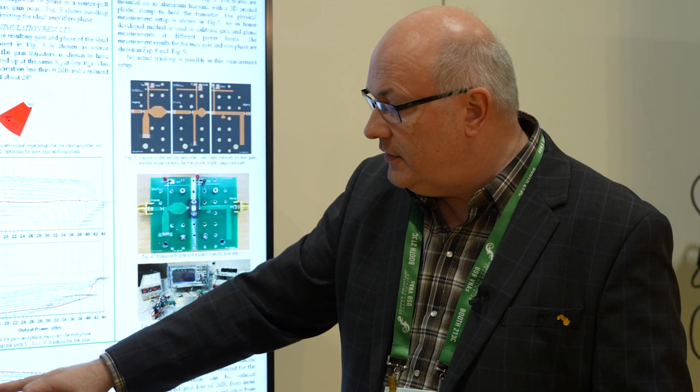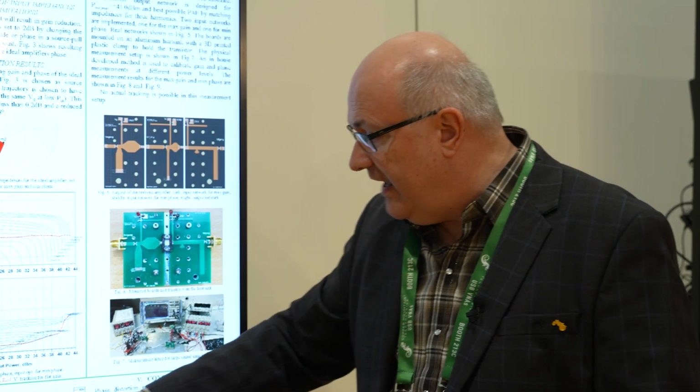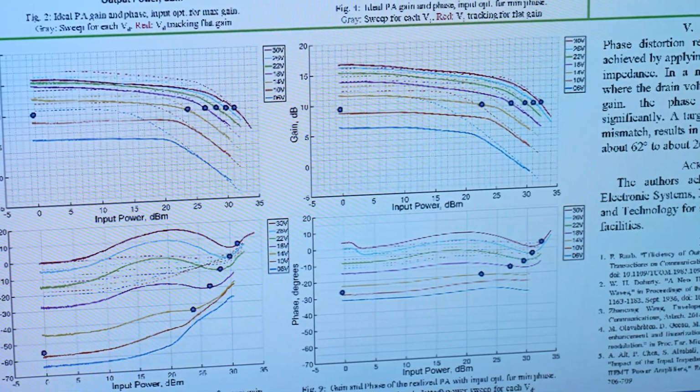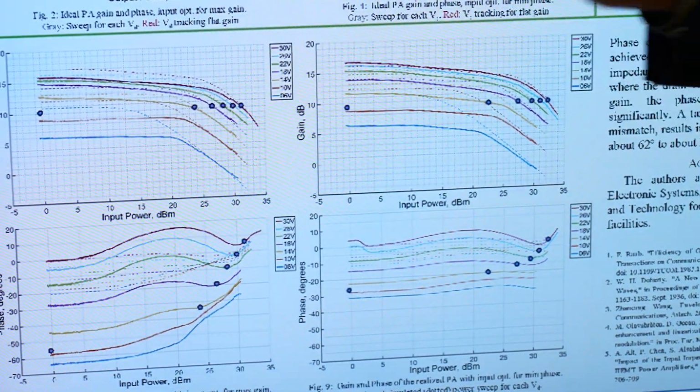And in the practical, here we lose only a dB, not the intended 2 dBs. So maybe that's due to the fact that we have lower overall gain, but tracking exactly to the same voltage range here. And we see that we have also lower phase distortion, even if we use flat gain.